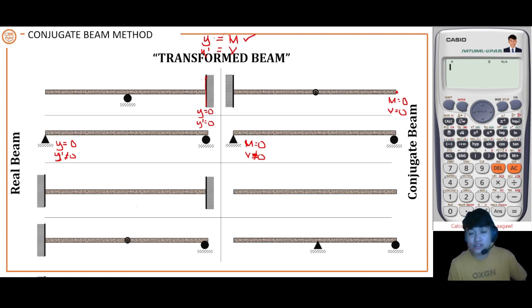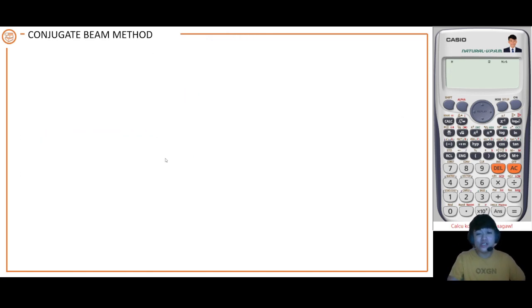The deflection is equal to the moment of your conjugate beam, and the slope is equal to the shear of your conjugate beam. Okay, so I hope you now understand how we convert a real beam into a conjugate beam. Now let's try to solve a sample problem.